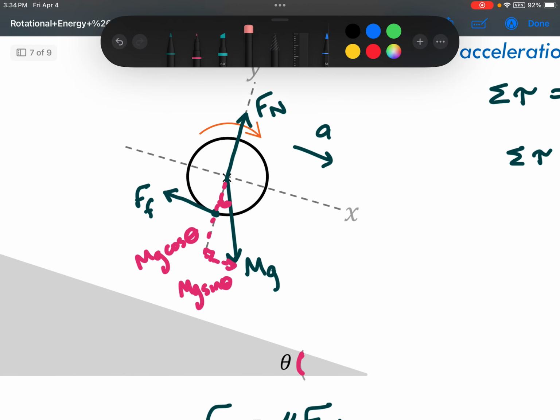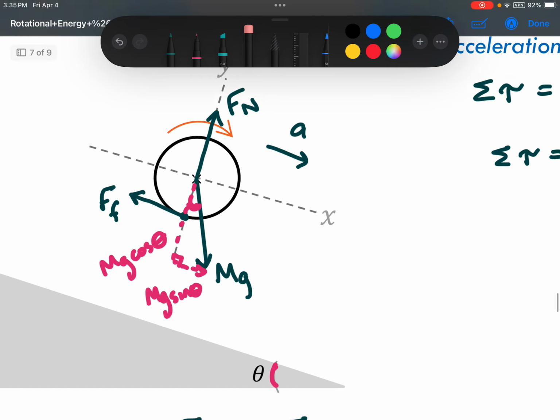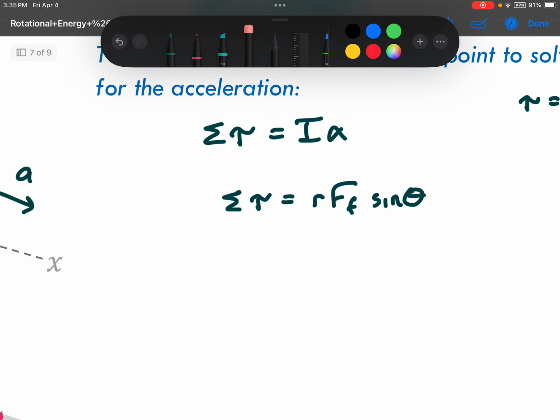And then if we look at our free body diagram, we see that friction is perpendicular to that vector r that points from the axis of rotation to the force. And so we have sine 90. That's just 1, so we can go ahead and drop that.